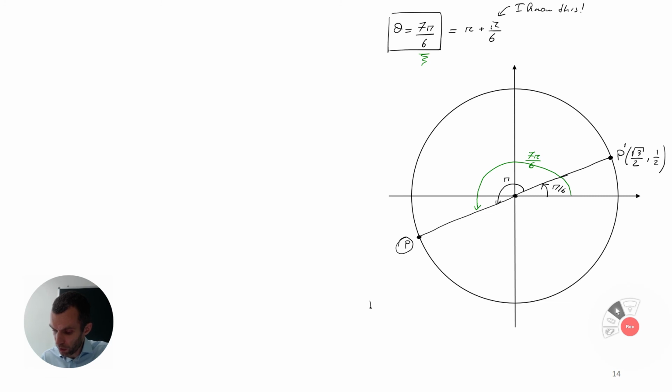So here what we use is the property of reflection across the origin. And what that does is it turns x into negative x and y into negative y.